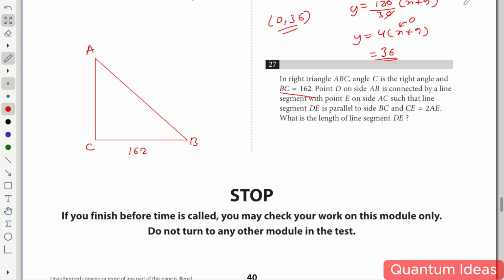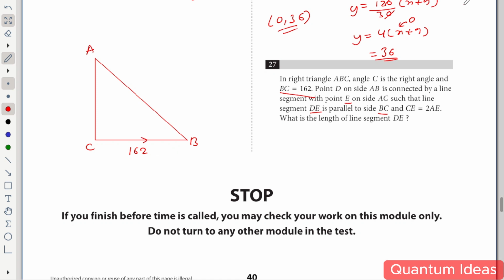Point D is on side AB somewhere. It's connected by a line segment with the point E on AC, such that line DE is parallel to BC. So BC is this, and there is one line here somewhere, and this will be parallel to this line.